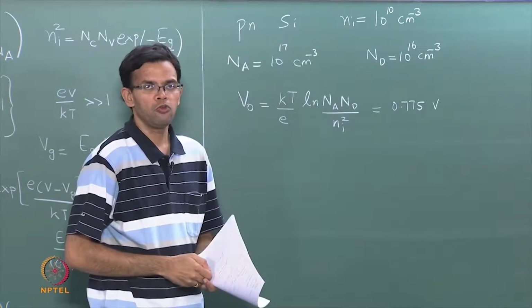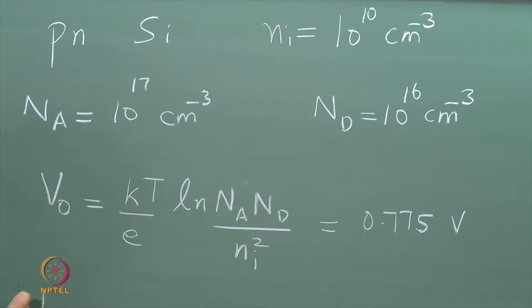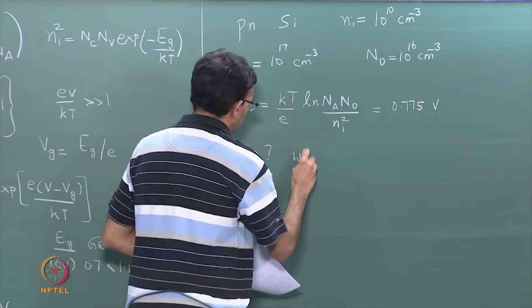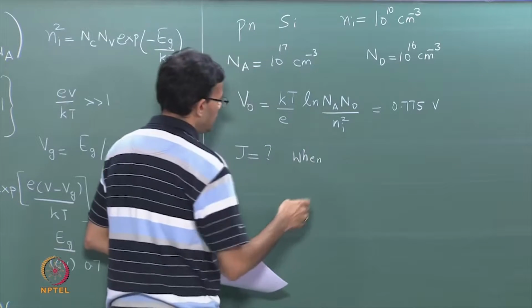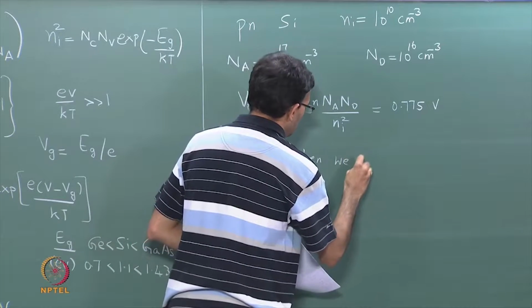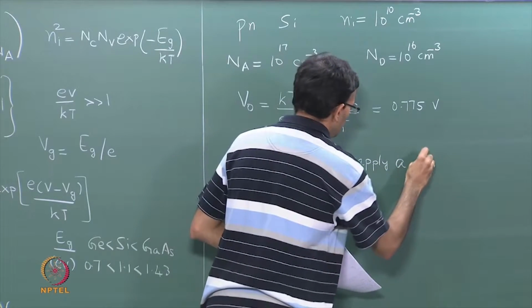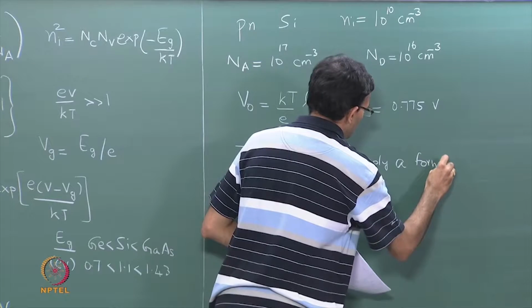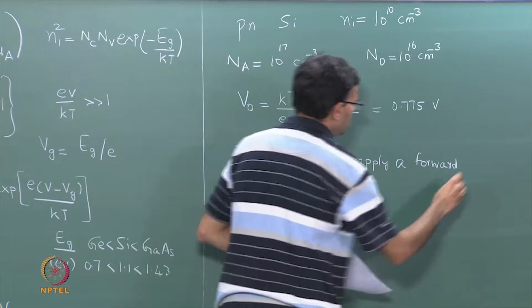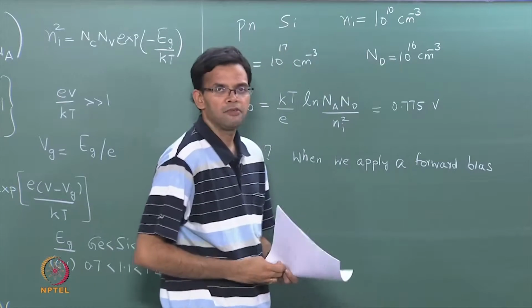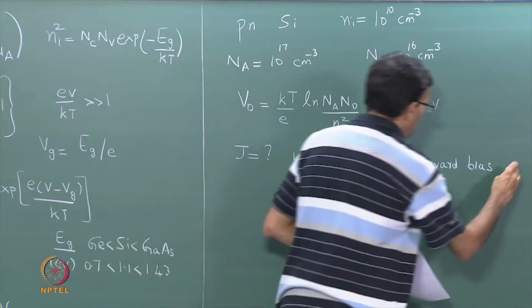So, we want to know the value of J when we apply a forward bias. And let me take the value of the voltage to be 0.5 volts.